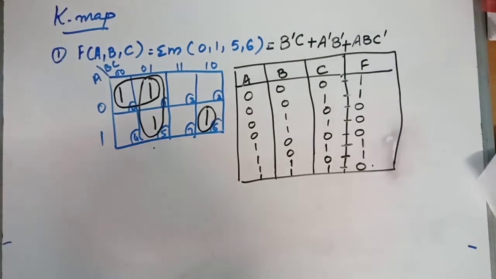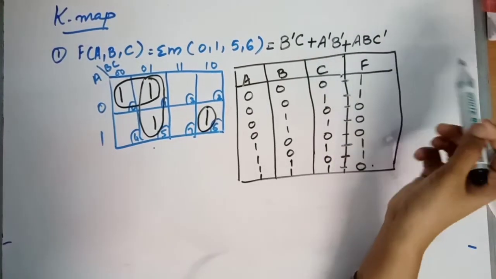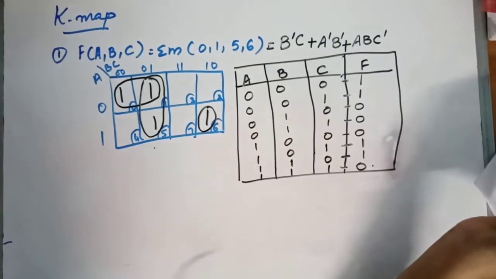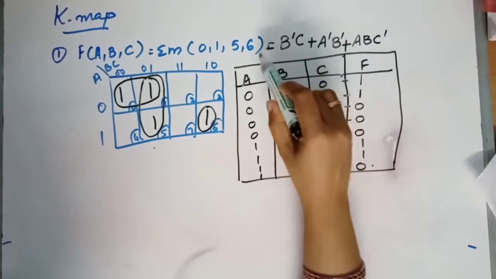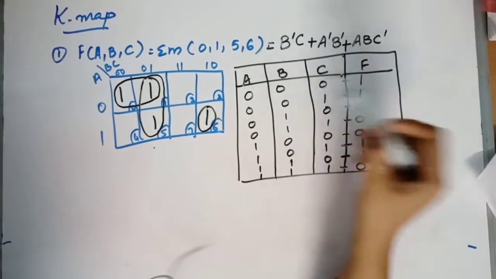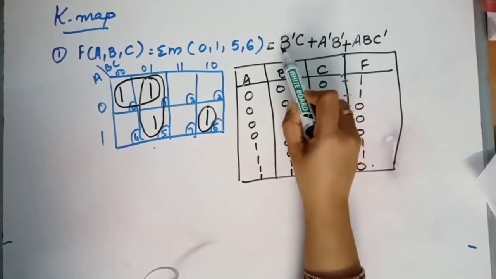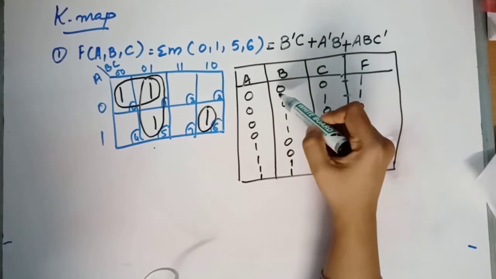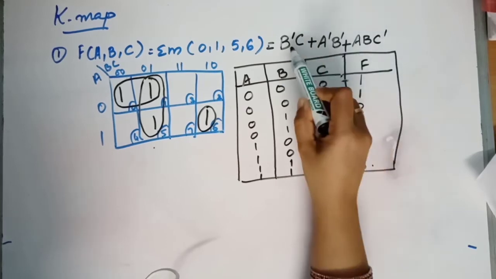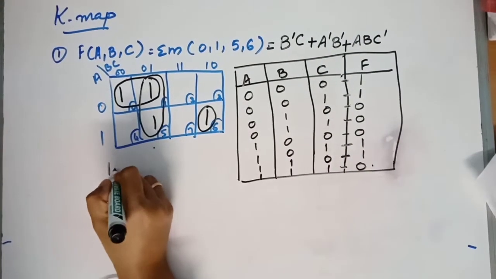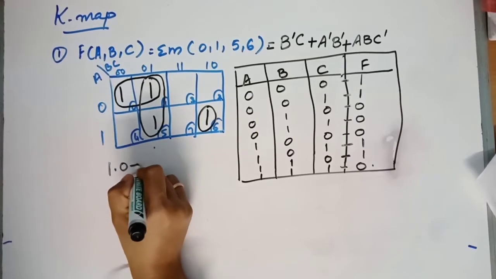So if you take a particular example, suppose 0, 0, 0 is taken and you are applying it to this particular equation. 0, 0, 0 means A is 0. So the first term is B bar C. B bar C means B is 0 and C is 0, so B bar will be 1, C is 0, so 0.